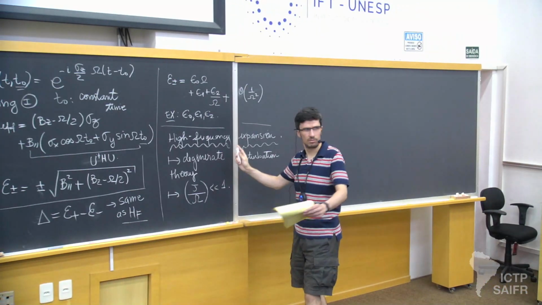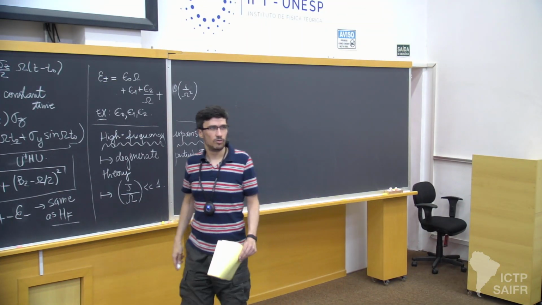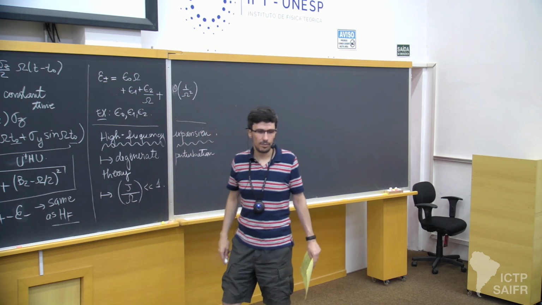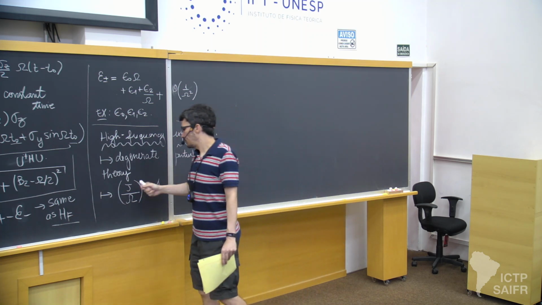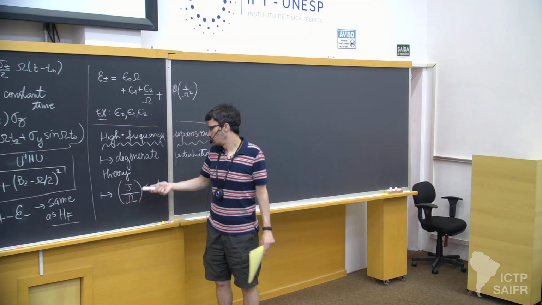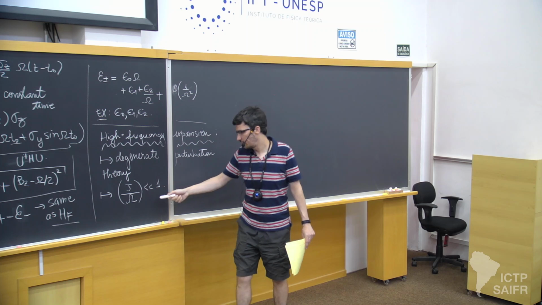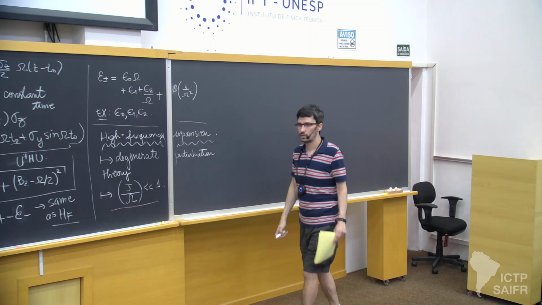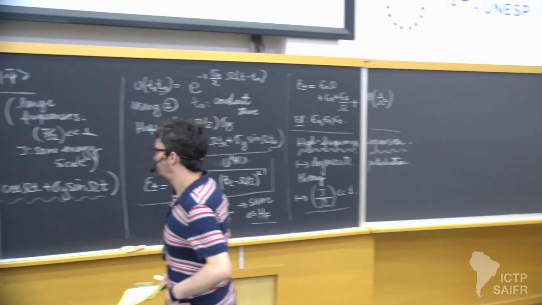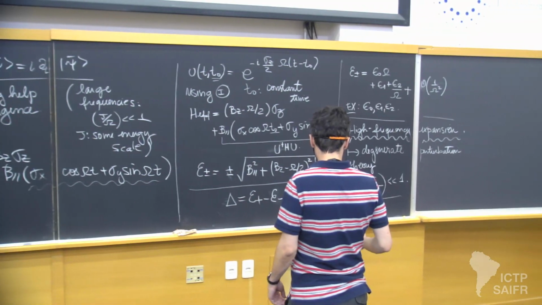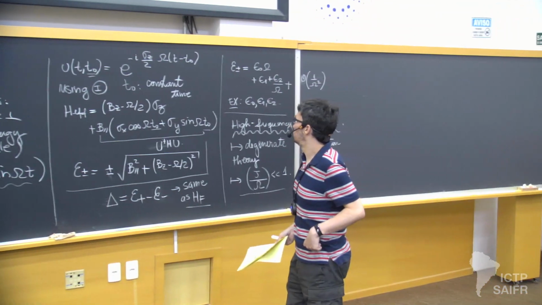You can call it W. It's something that tells you the energy scale of your problem. If you have a tight binding problem, it could be the bandwidth. If you have an interacting problem, it could be the hopping divided by some other parameter. In my example, if you want to do the perturbation theory, it would be Bz.